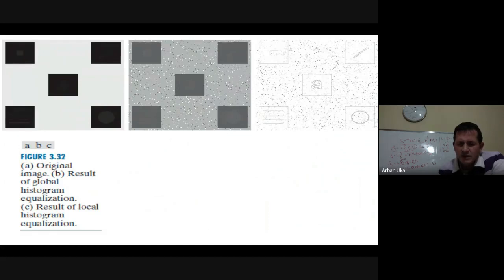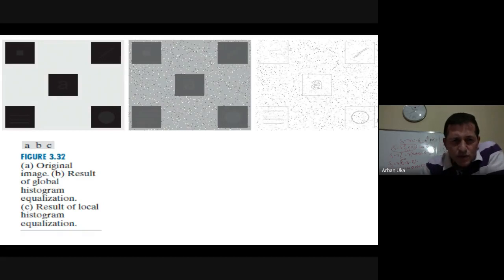In this case, we may have to use localized histogram equalization. This is a good example, because if you watch carefully, at the top part of these images, we can see some smaller structures which are seen only in image C.